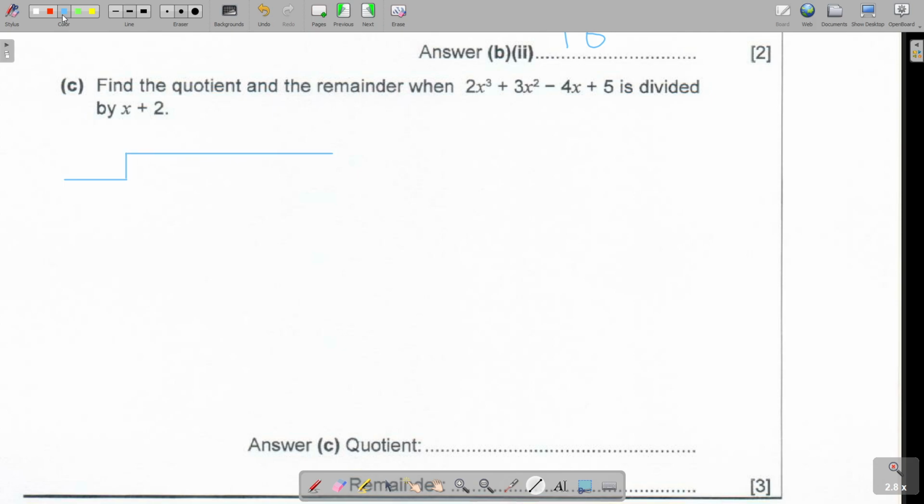Okay, so let's write it in. This is inside, so it's going to be 2x3 plus 3x squared minus 4x plus 5. And the divider is x plus 2.